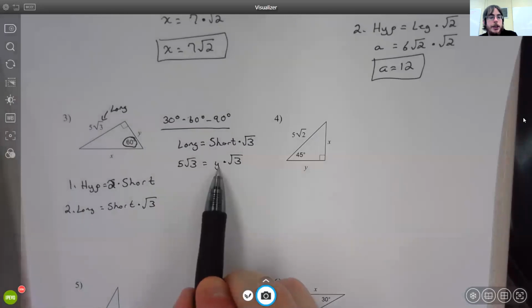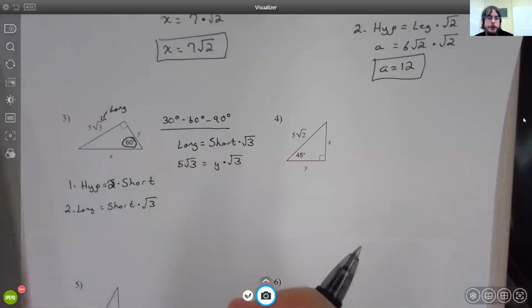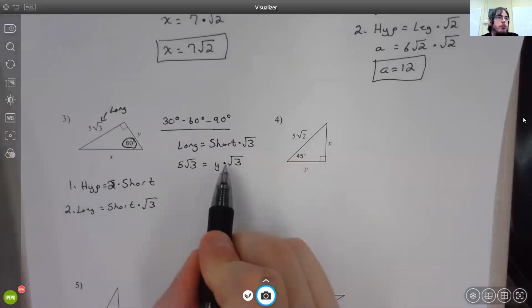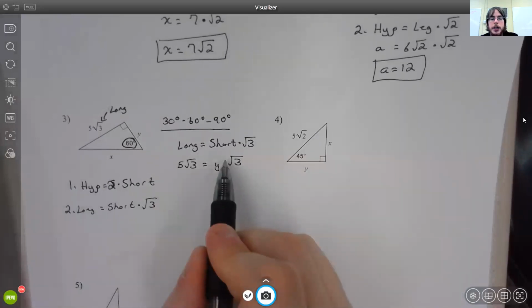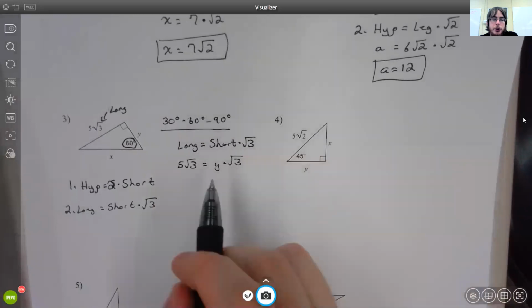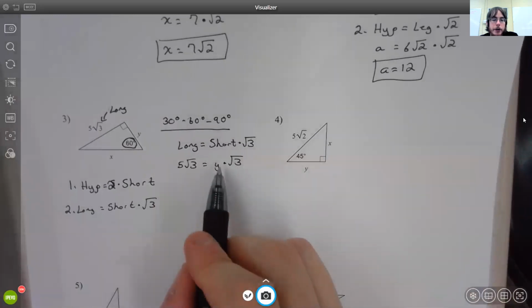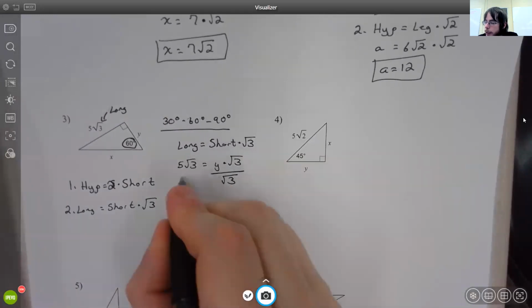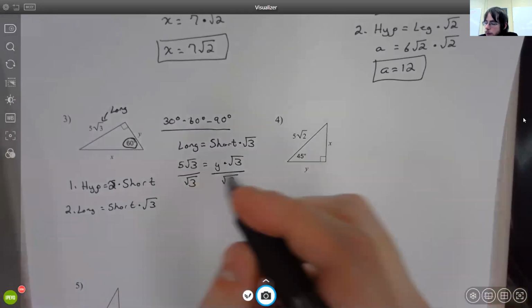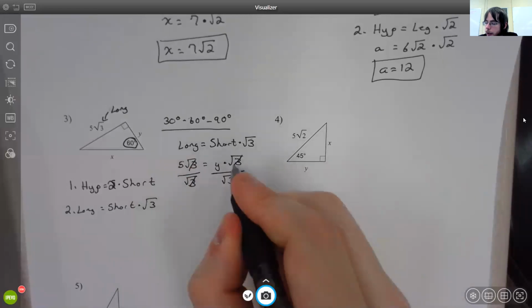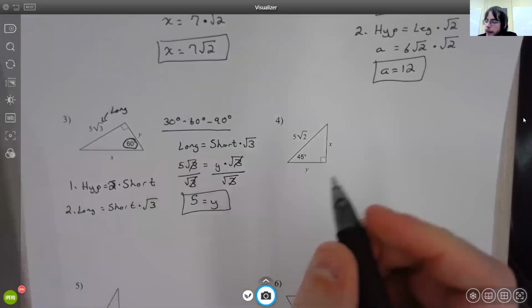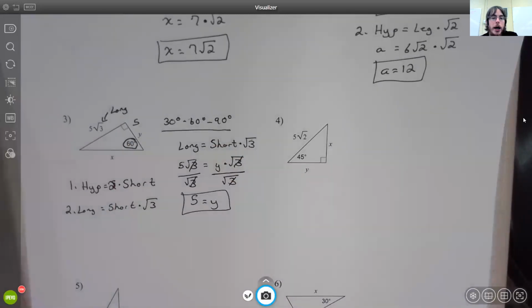Now you should be able to easily tell that y is equal to 5. But if not, since you're multiplying by √3, just like any other number, you would divide it to get rid of it from the y. You divide both sides by √3. Your √3's cancel, and that leaves you with 5 is equal to y. So you know y is 5.